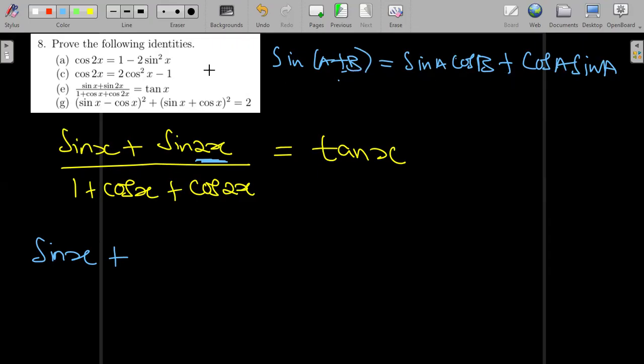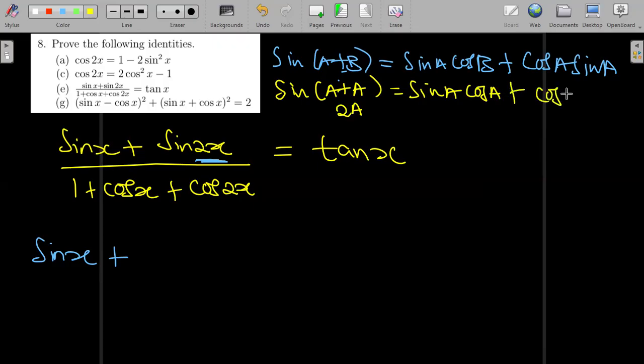Now imagine a case where we have two equal angles. Sine A plus A. This A plus A is the same as 2A. So when we expand this, we are expected to find sine A cos A plus cos A sine A. But since this is multiplication, it is commutative, so these two are equal.